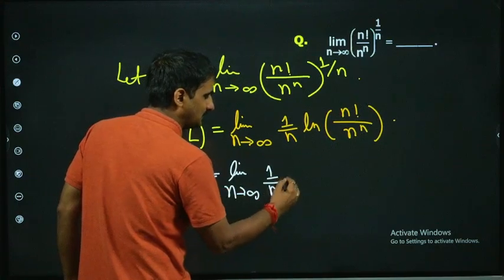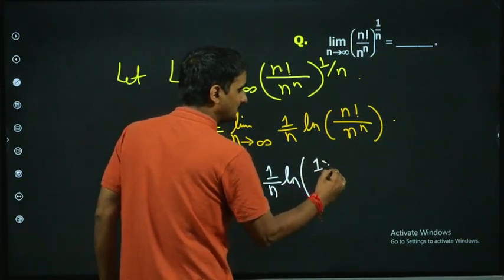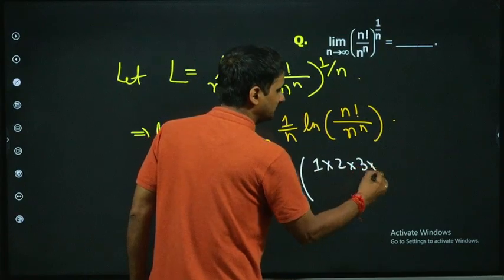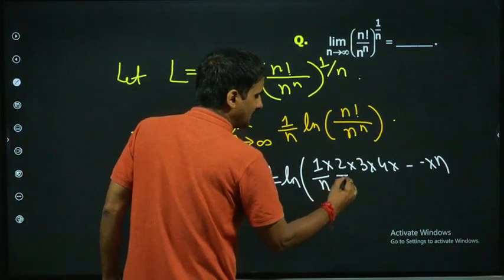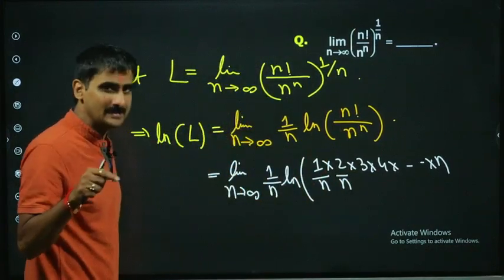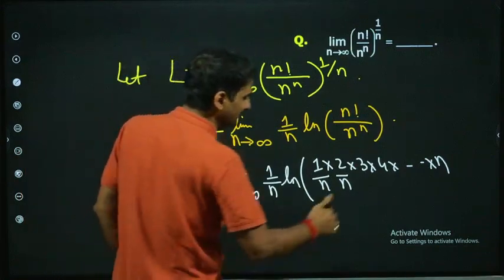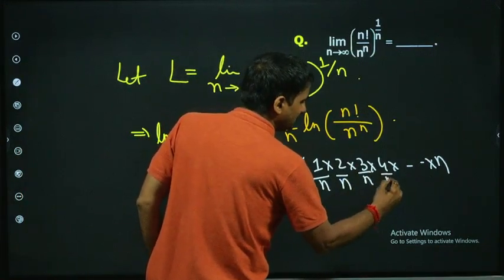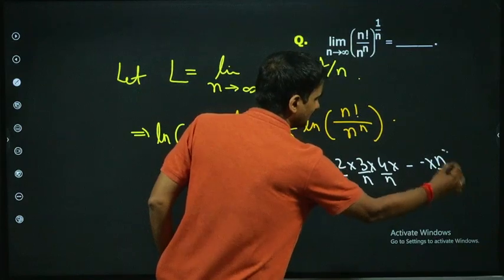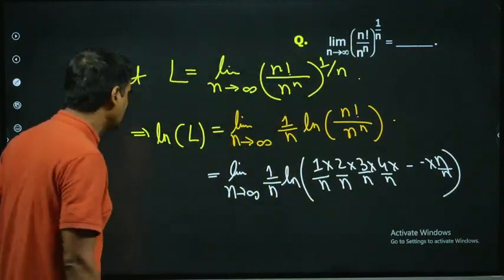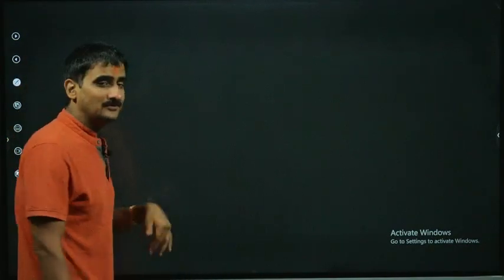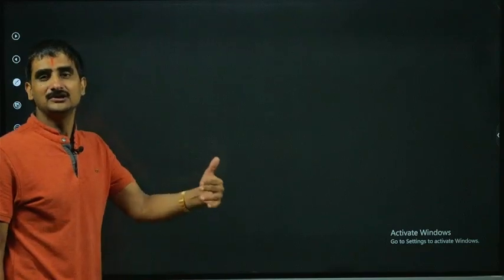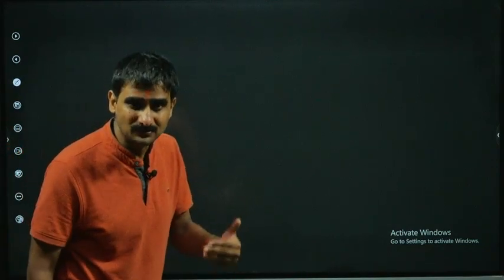So here we will expand n factorial, it will be 1 into 2 into 3 into 4 till n. Upon n, since you have n as a product in the denominator, I'll write it under every number of the n factorial numerator. Now using the characteristic property of log which says that if you have log of a into b into c, you can write it as log a plus log b plus log c.